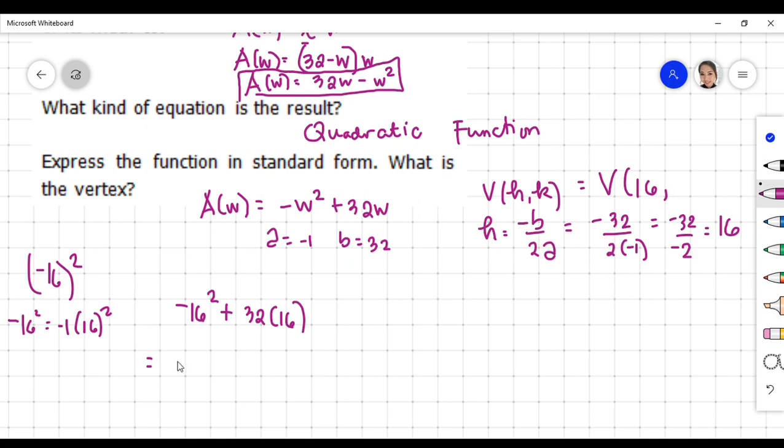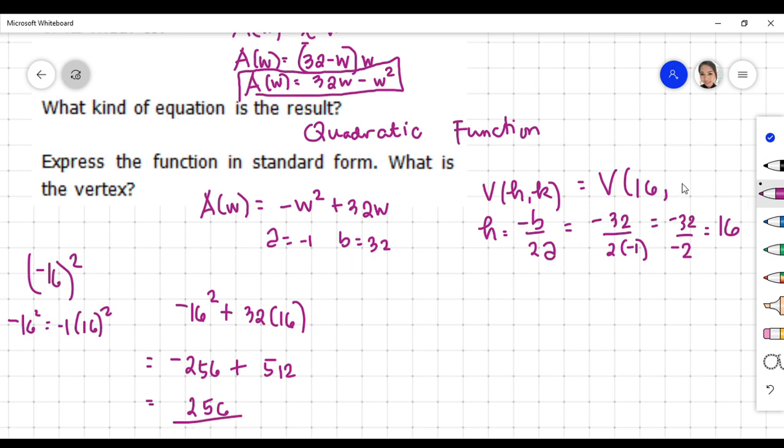So this is negative 256 plus 32 times 16, that is 512. So since we are adding different signs, we have to subtract. So negative 256 plus 512, so subtracting them, that is positive 256, which is our area, right?